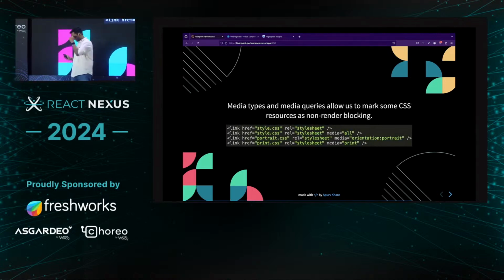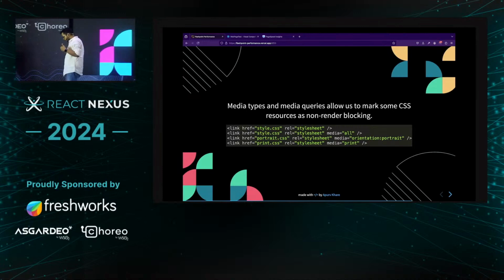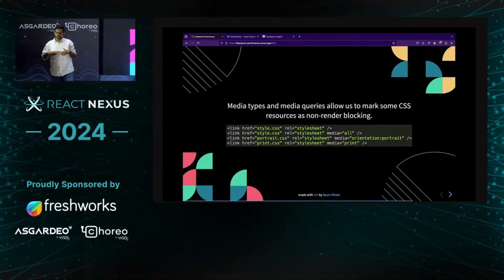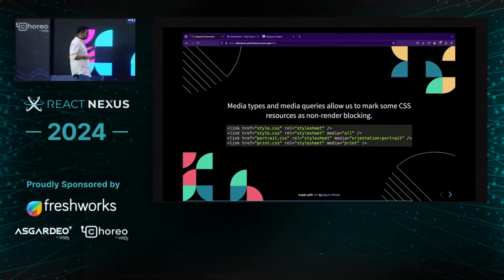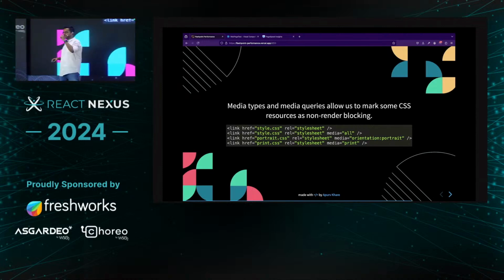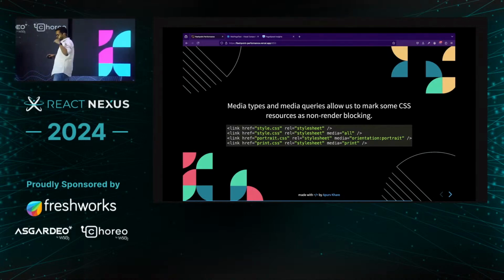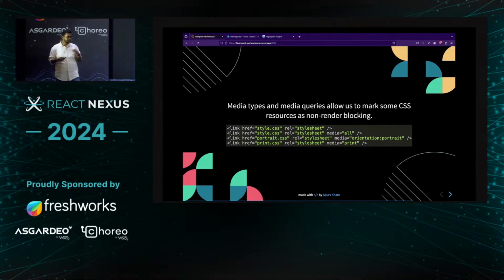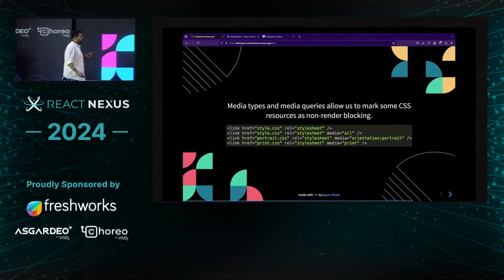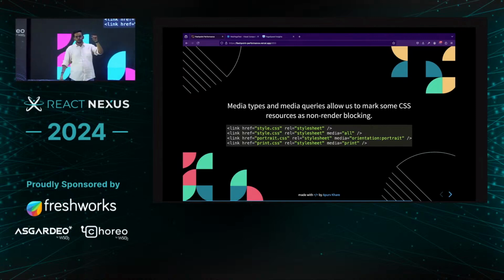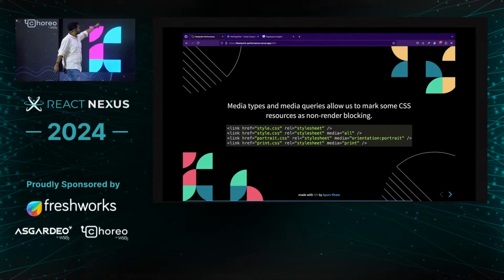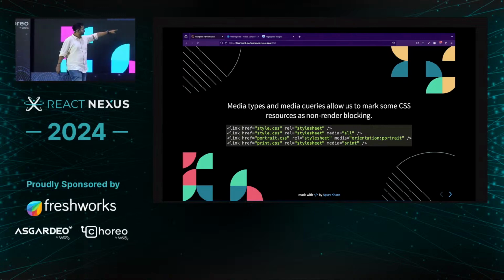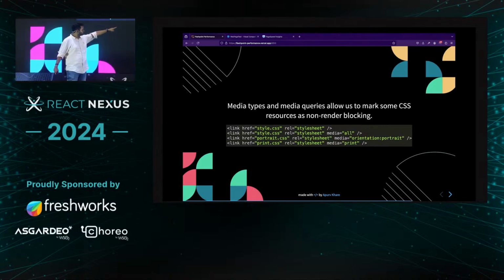When you are serving multiple devices, where users can access your website on multiple devices, you will have different media queries for them, right? Different styles for making your website responsive. What you can do is separate out that CSS into separate CSS files and use media type to link them separately. So this one, the third one, is orientation portrait.